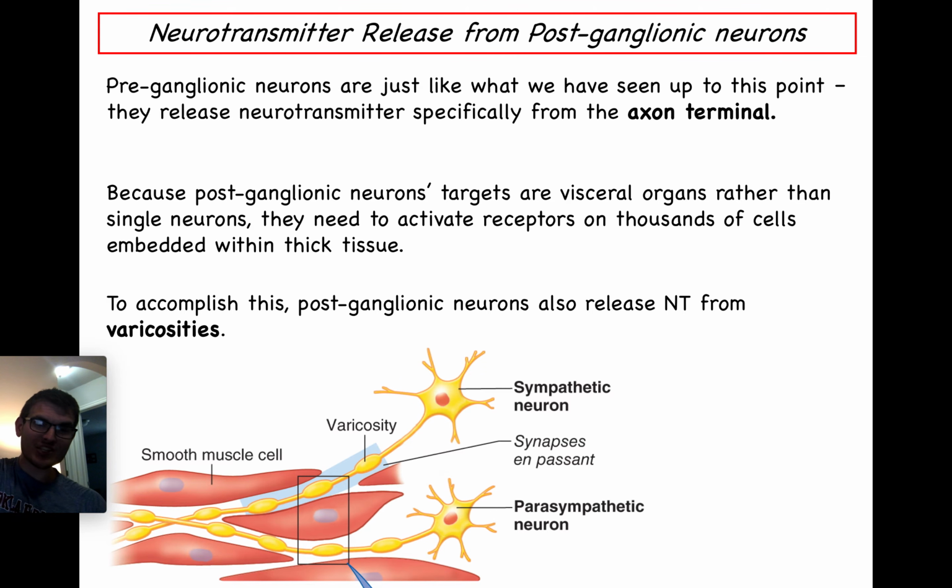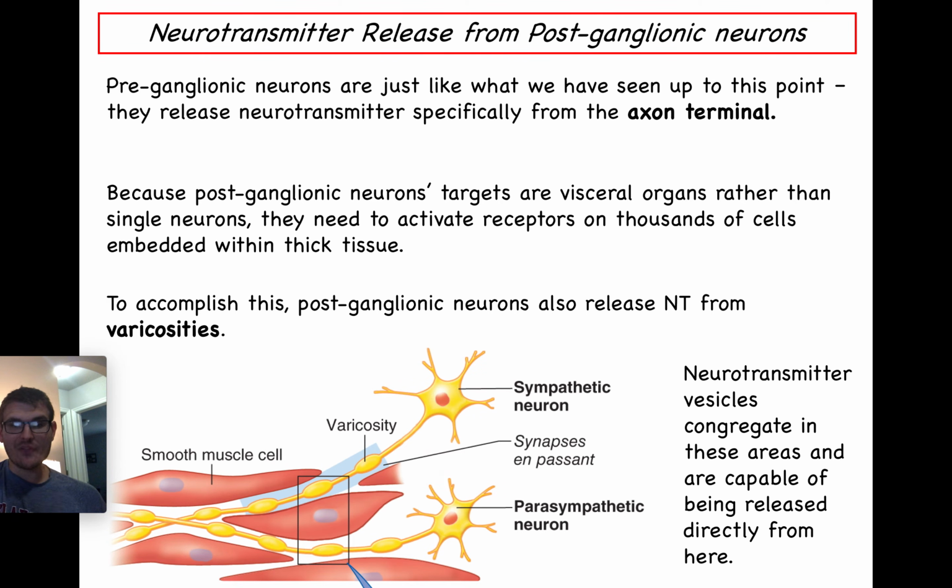If we release neurotransmitter from just one particular place, we're going to stimulate just a handful of cells. Most of the cells in that tissue are going to be left unstimulated because they are not exposed to the neurotransmitter. So what these varicosities do is they release neurotransmitter straight from there.